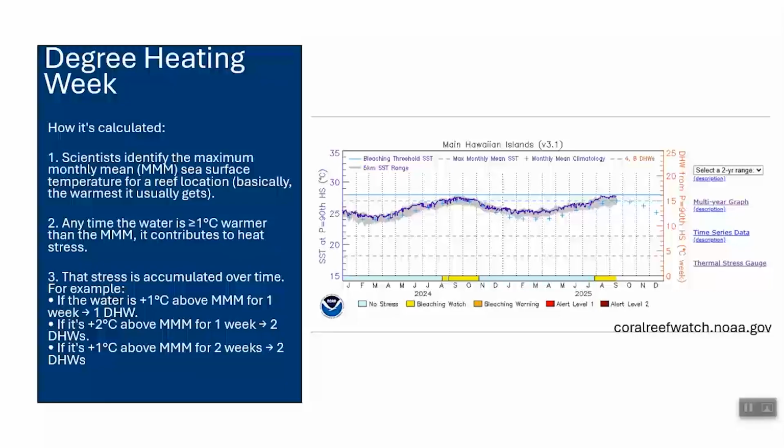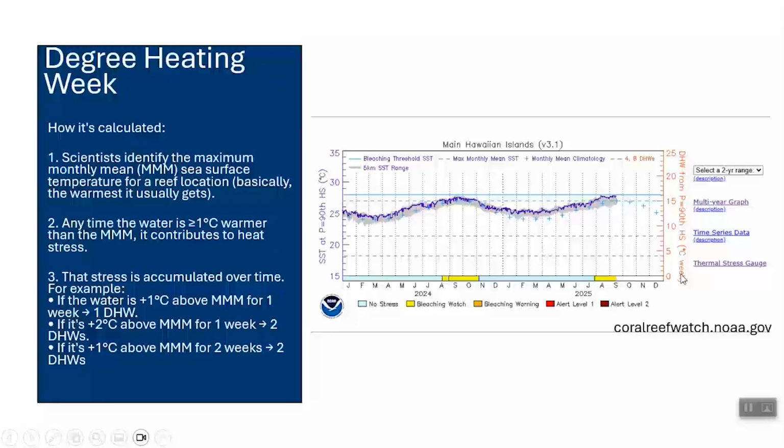If it's 1 degree Celsius above for 2 weeks, then 1 times 2 gives us 2 degree heating weeks. And if we had 2 degrees Celsius above for 2 weeks, we multiply those together, and that gives us 4 degree heating weeks.